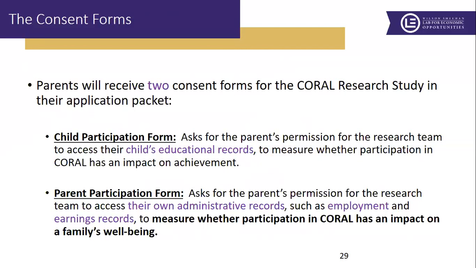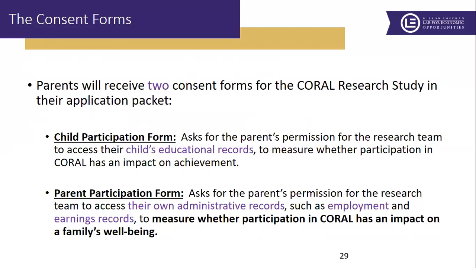So this is how the consent forms are set up. When a parent receives the Coral application form to take home, it will include these two separate participation forms. The first one will be asking for the parent's permission for the research team to look at their child's educational records, so test scores, attendance, anything that Franklin McKinley can provide to measure whether participation in Coral has an impact on achievement.